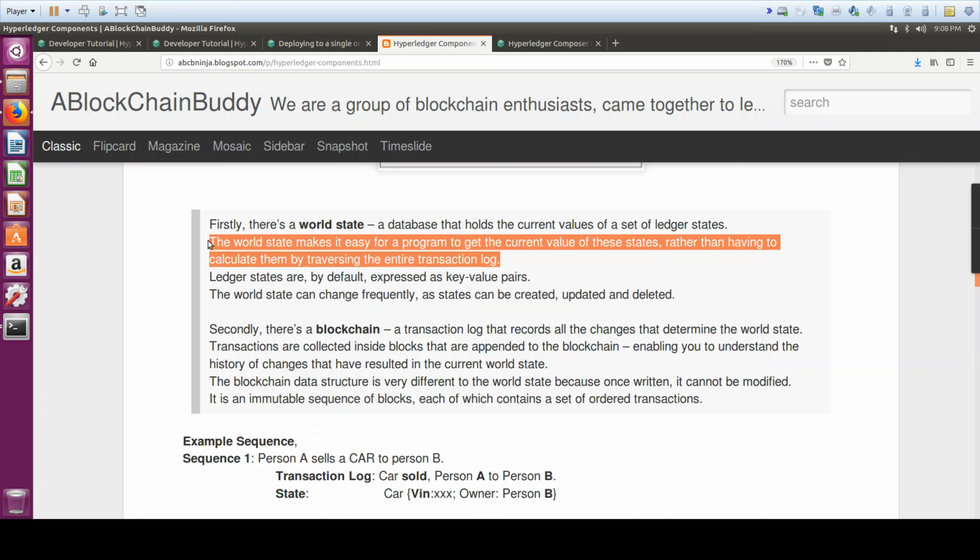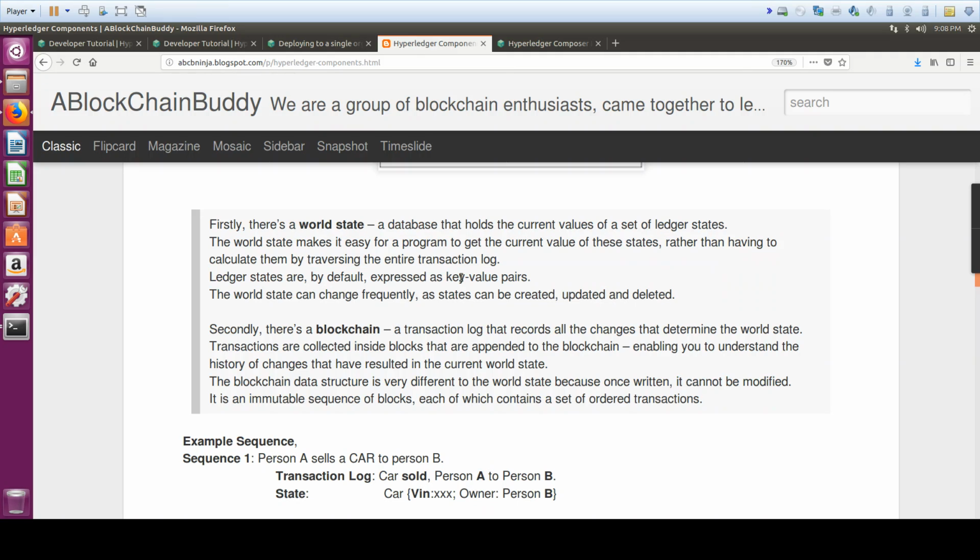It just provides the current state, but the transaction log will have all the previous states. This provides easy access. Ledger states are by default expressed as key-value pairs. We will see this in more detail in the coming slide. The world state can change frequently as assets can be created, updated, and deleted.